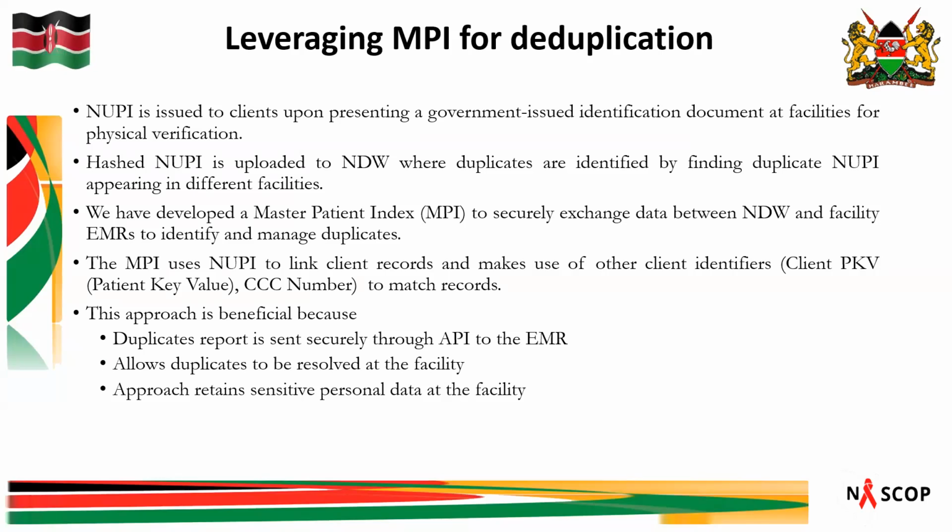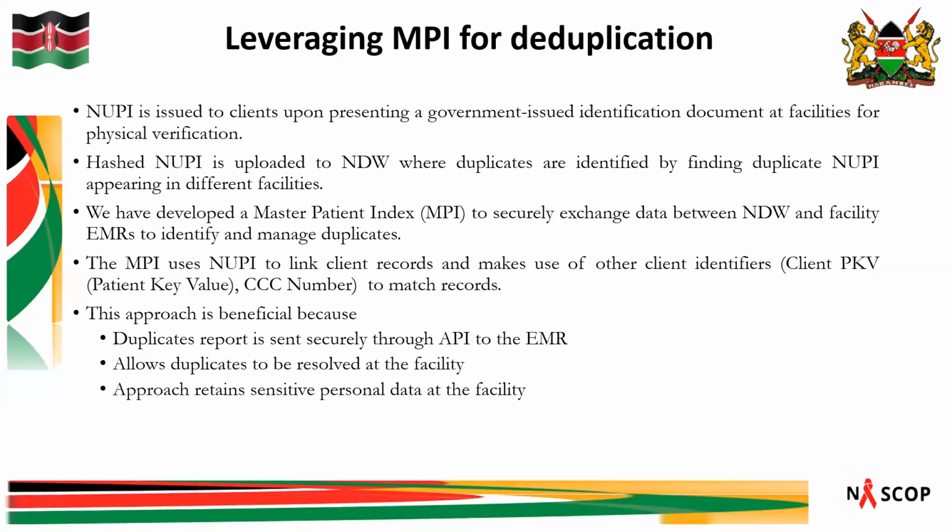What we usually have is UPI being issued by the client registry at the facility level. Then these patient records, or client records, are uploaded to the National Data Warehouse, and we're able to use them to deduplicate these datasets.